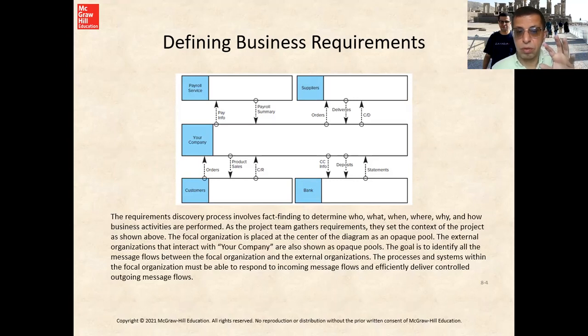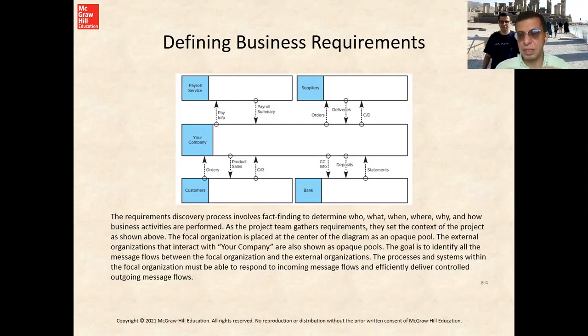The focal organization is placed at the center of the diagram as OPQ. You notice there are three pools, the external organizations it interacts with: the suppliers, the payroll services, the customers, and the bank. These are external. Your company is in the middle.